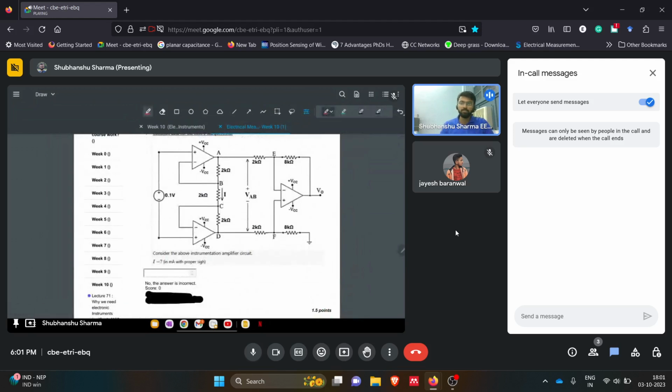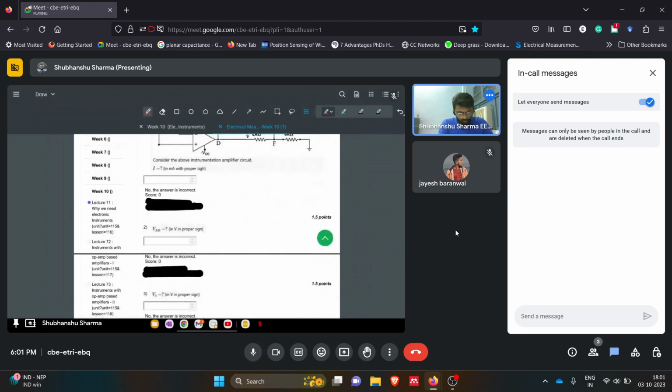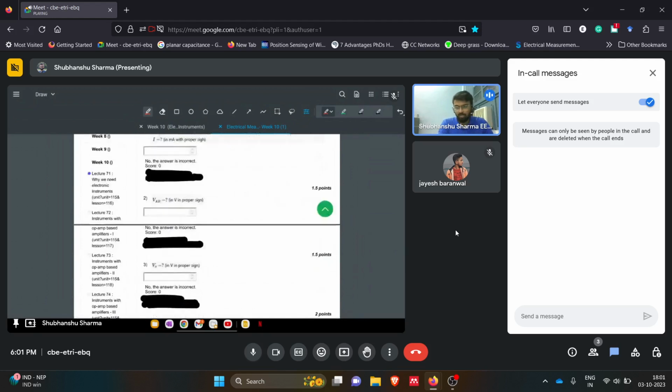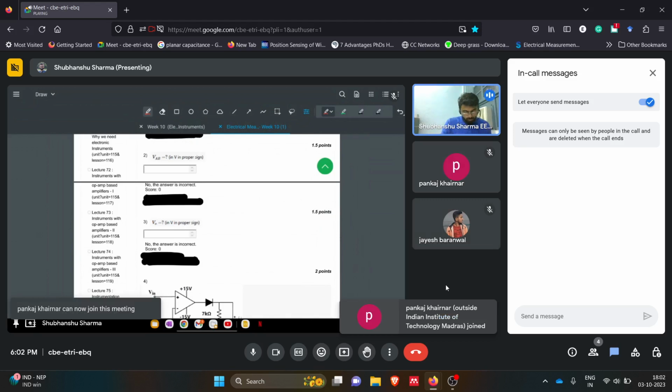In this week you have been taught about instrumentation with op amps, like instrumentation amplifiers, how you realize them using operational amplifiers, why we need electronic instruments, and different applications of the instrumentation amplifier.